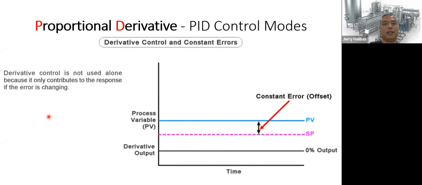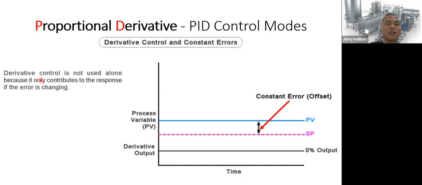Okay, so the derivative control is not used alone because it only contributes to the response if the error is changing. So notice that it cannot anticipate anything here because your output is constant. The error is not changing.